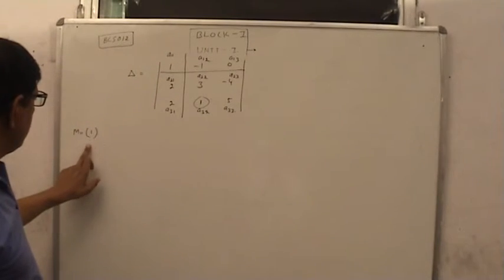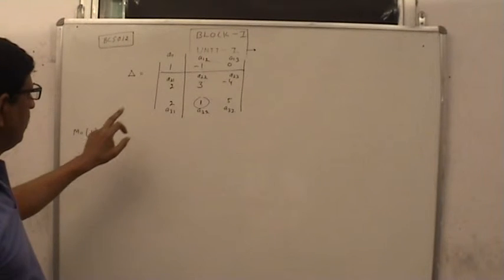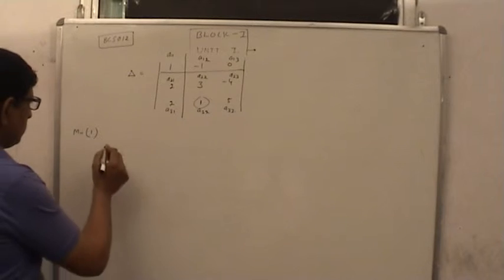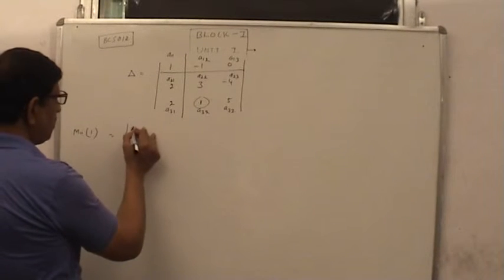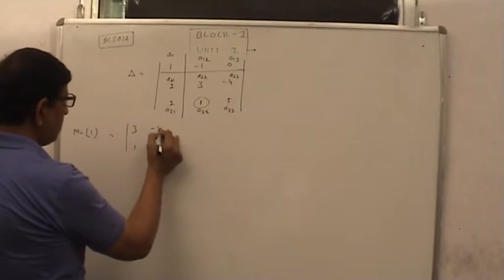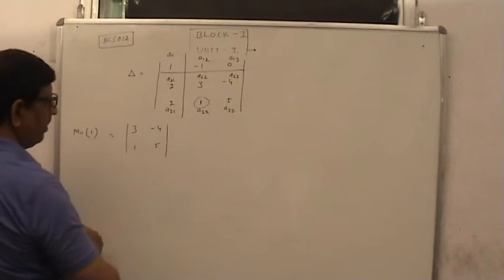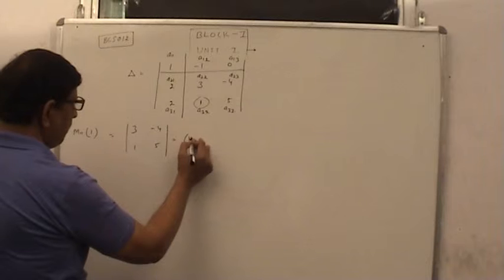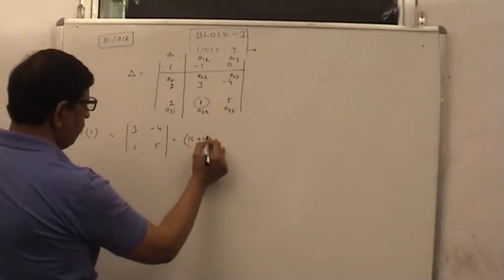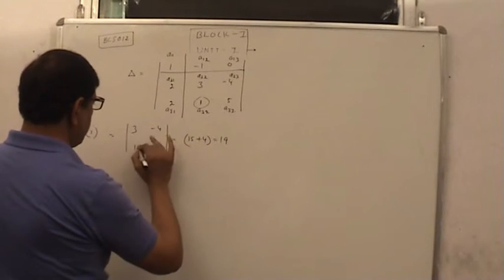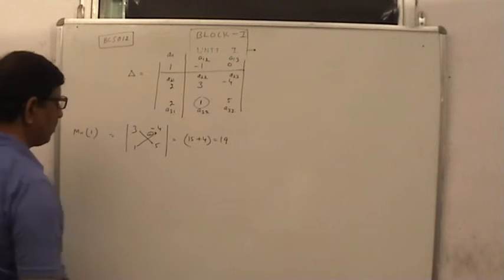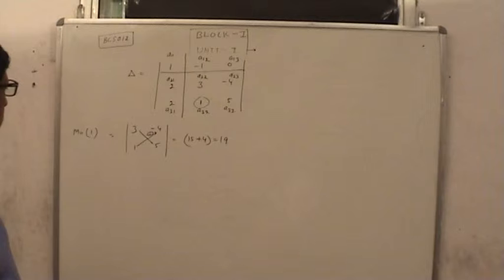We have to find the minor of M11. Then the elements which are out of crossing are 3, 1, minus 4 and 5. And we can calculate it like a determinant: 15 plus 4, that is equal to 19. Like this, minus from the pocket from bottom to top.